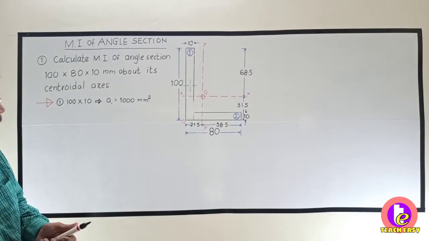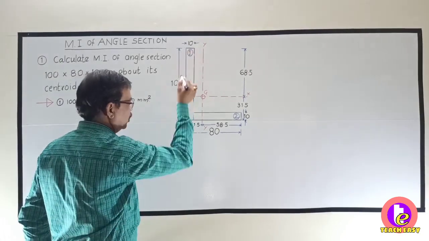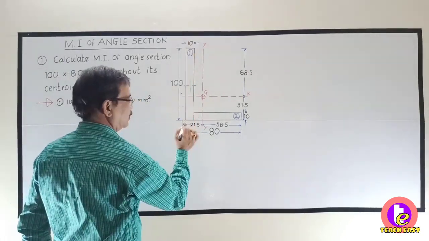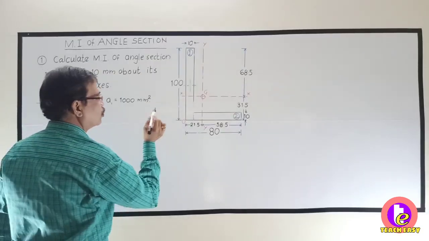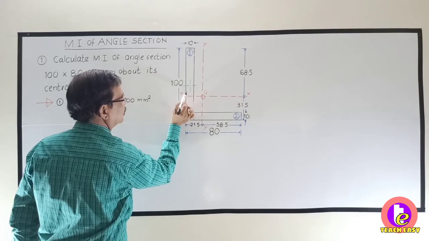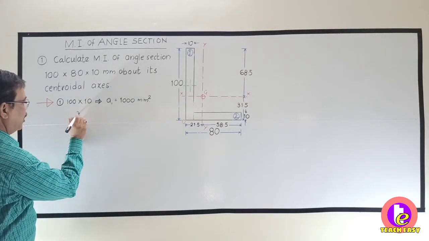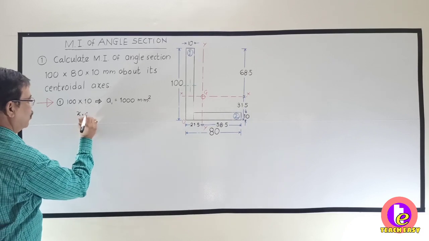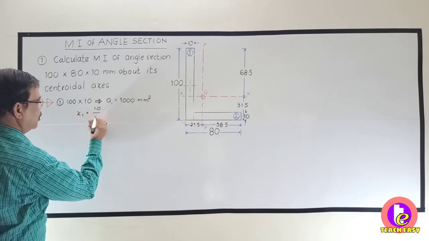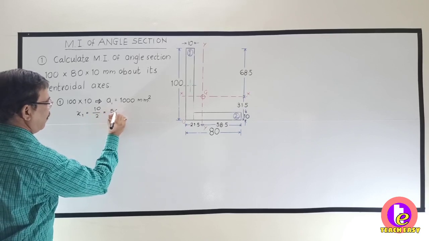You can see this is origin, so this is y-axis and this is x-axis. This particular thickness is 10, so what will be this distance? This will be 10 by 2. So x1 is equal to 10 by 2, that is 5 mm.